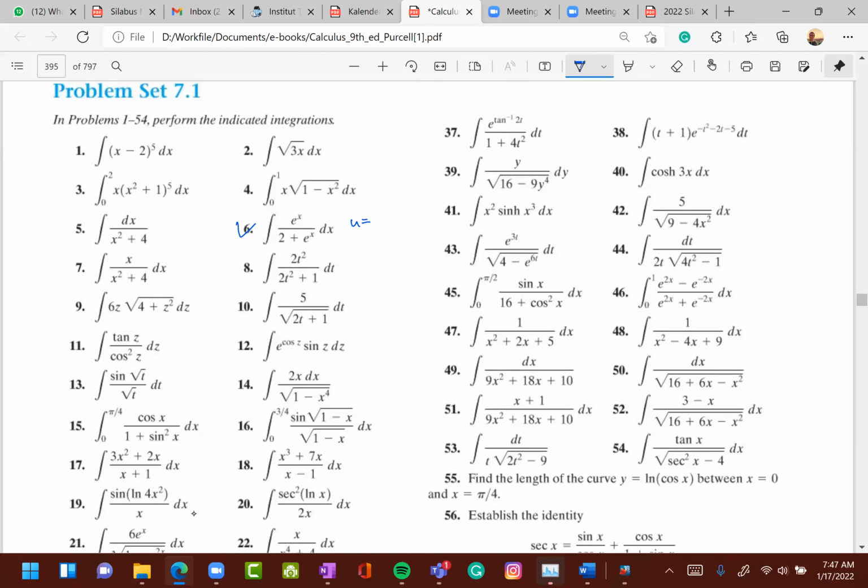How about e to the power of x? e to the x, right? All right. So in this case, du would be e to the x dx, right? So this is u, and this part is du. Okay, so let's write it down.